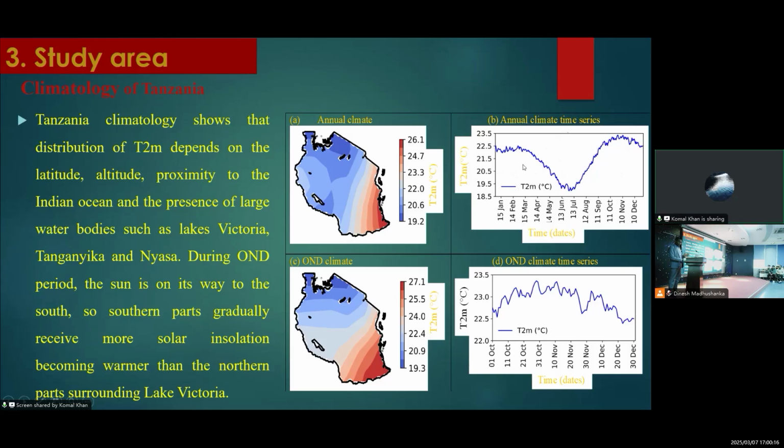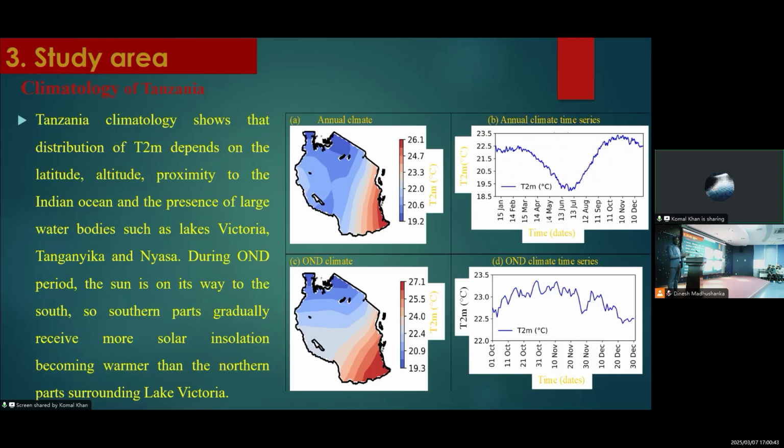As you can see, we have two rain seasons: March, April, and May, and OND, meaning October, November, and December. But you can see OND has higher temperatures. That's why it is appropriate to choose OND in place of MAM.